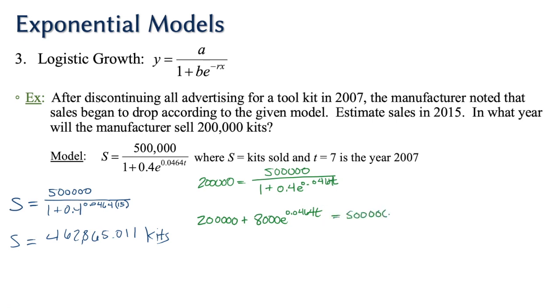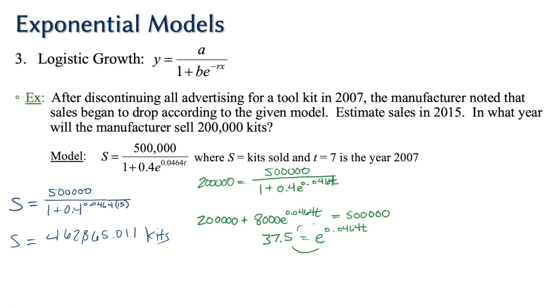Now that I've gotten this out of the denominator, I can easily do the rewrite by subtracting 200,000 and then dividing by 80,000. That will get the e stuff by itself. So if I subtract 200,000 and divide by 80,000, that leaves me with 3.75, which is equal to e to the 0.0464t.